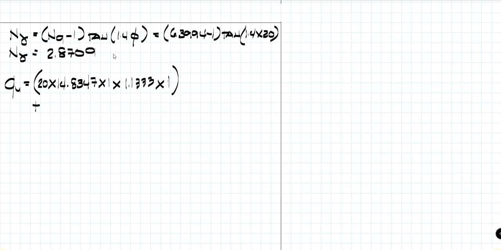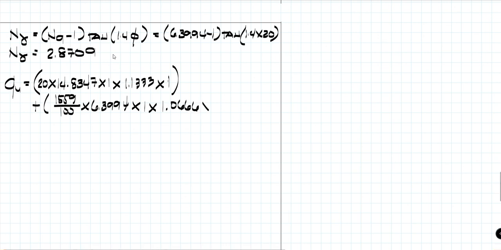Plus, yung Q natin is 1559 over 100 times our NQ, which is 6.3994, times lambda QS, which is 1, times lambda QD, which is 1.0666, times lambda QI, which is 1.